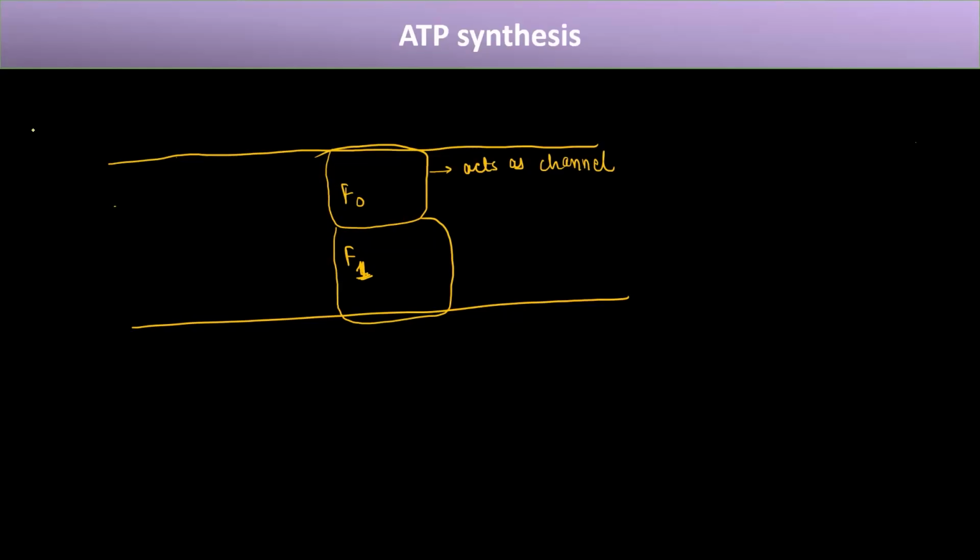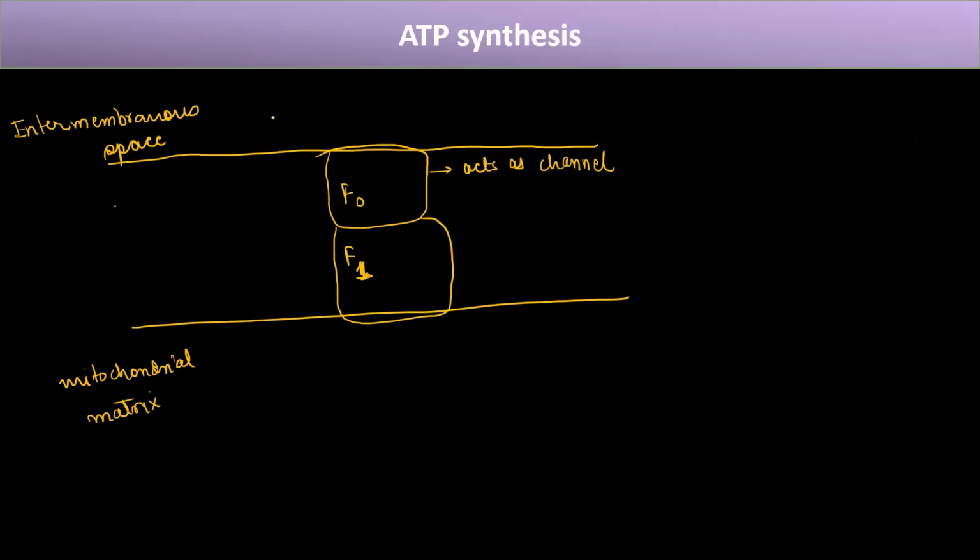So basically, it transports the hydrogen ion from where? This region is your intermembranous space, and this region here is your mitochondrial matrix.